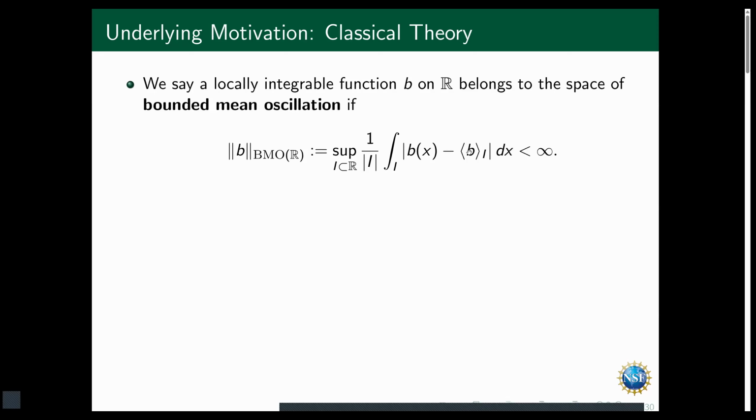So here the notation bracket b on I means the integral of b over I divided by the Lebesgue measure of I. The modulus of that difference, if we average it to compute the mean oscillation on an interval I, how much the function is deviating from its average, that quantity remains bounded as we take a supremum over all intervals.